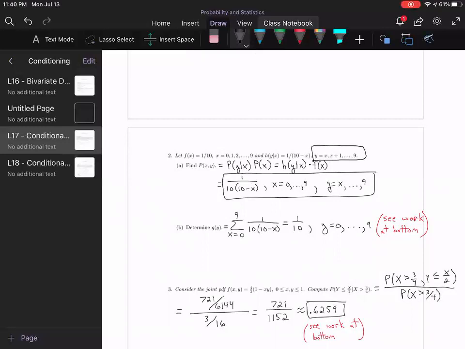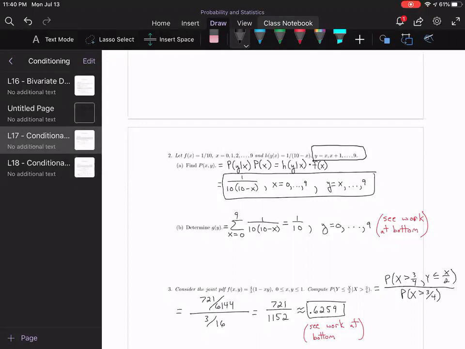But when you sum out X, you've already accounted for when X is 0, 1, 2, 3, 4, 5, 6, 7, 8, and 9. So then which X value should X take when you've used all of them? And so I had to think through what makes sense.